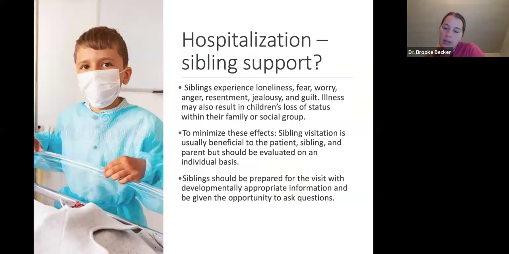Hospitalization. So siblings, if they have a sibling who's hospitalized, the child who is hospitalized and also the child at home, a lot of times will have some loneliness, fear, worry. They might be jealous because the kiddo who's in the hospital is getting more attention than they are at home. The routine of the family is probably also going to be disrupted. So just keeping an eye and letting parents know to keep an eye on the kiddos who are at home.